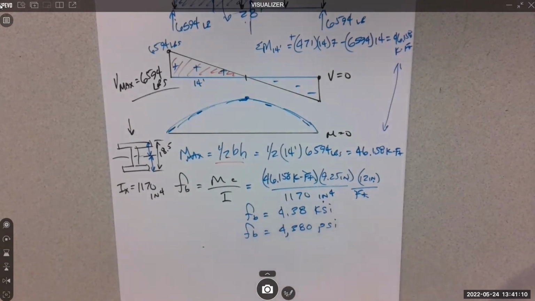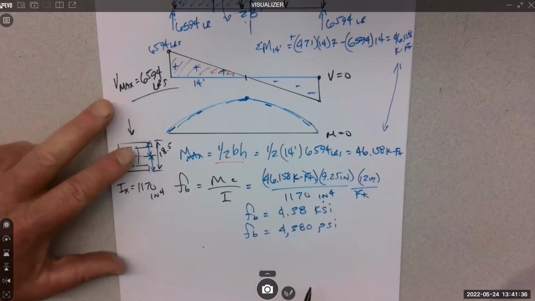So the talking point is always design in bending stress, check in shear stress. The control often is the moment. Shear is rarely the control. You have to have some crazy reactions to get a shear stress that's worrisome.